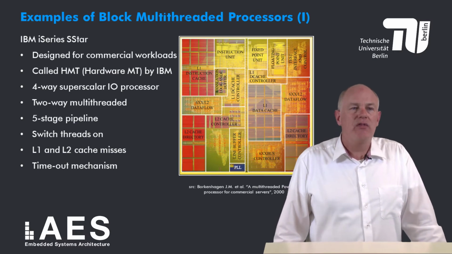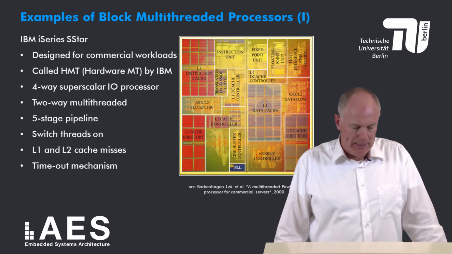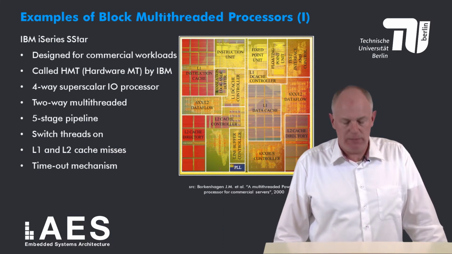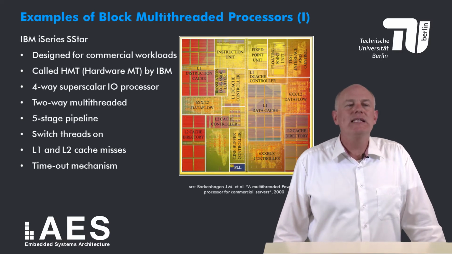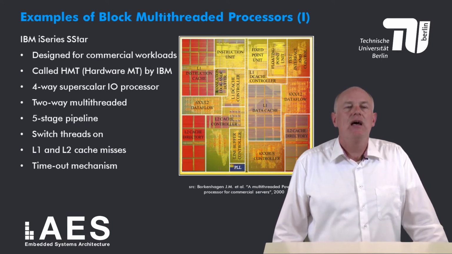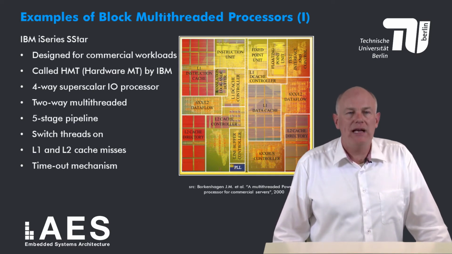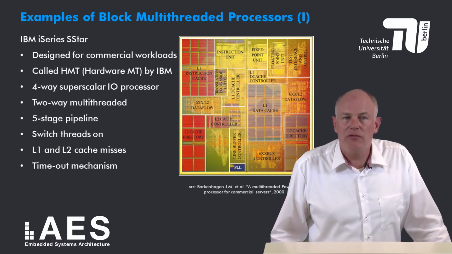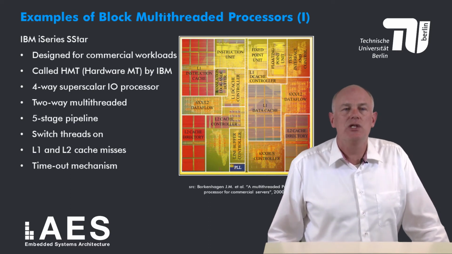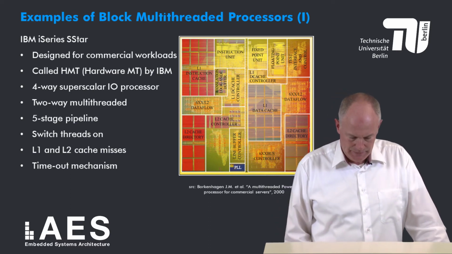It's 2-way multithreaded with a 5-stage pipeline, and every time there is an L1 or L2 cache miss, a thread switch occurs. Furthermore, there is a timeout mechanism in place, so that one thread cannot livelock the other thread by constantly using all the resources.